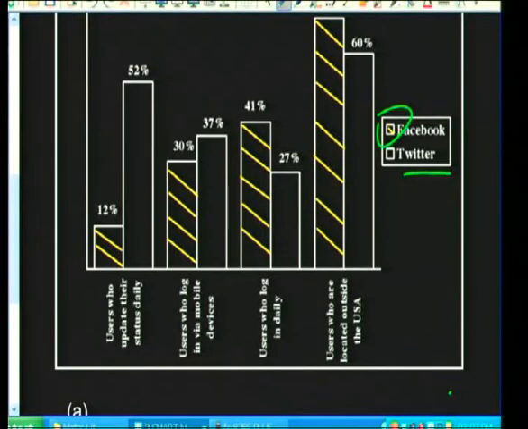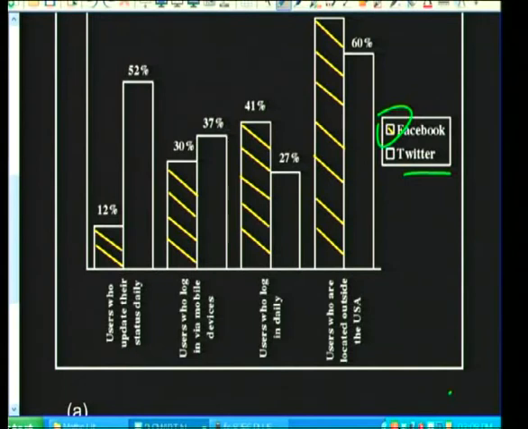In the same way, if you look at Twitter here, 52% of people who use Twitter update their status daily, which means 48% of people are not doing this on a daily basis. My next column talks about users who log in via mobile devices. The next set of columns talk about users who log in daily. And the final set of columns are talking about users who are located outside the USA.